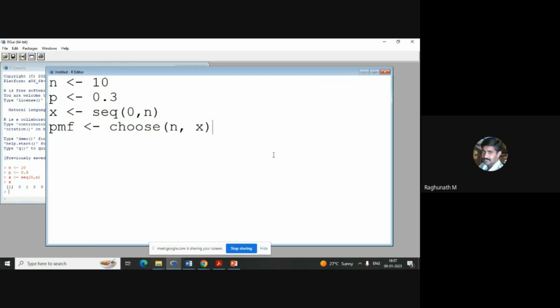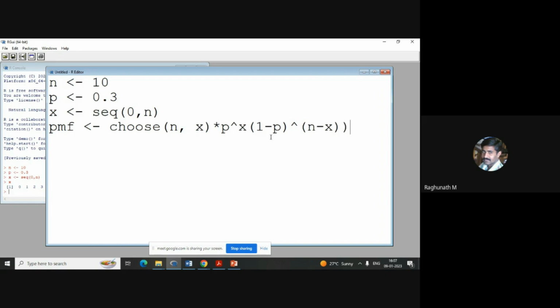Next I have to take nChoose x, into p to the power of x, into 1 minus p to the power of n minus x.